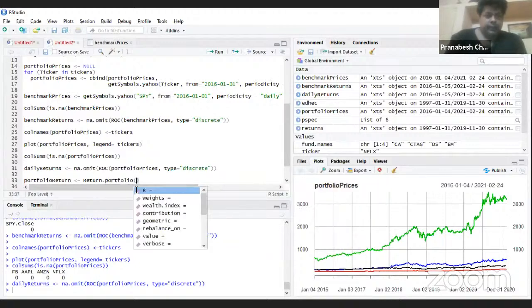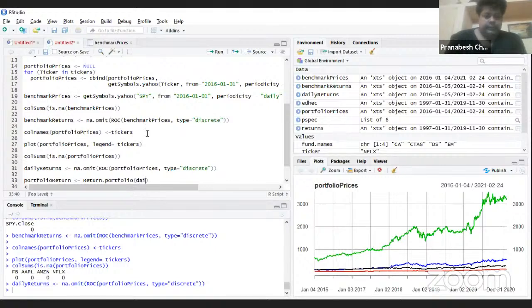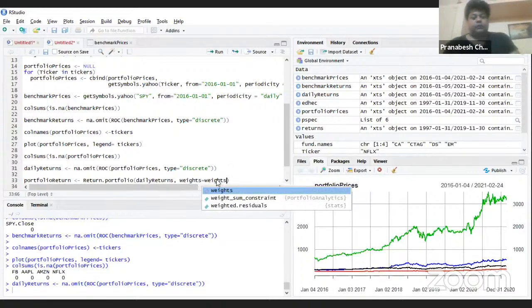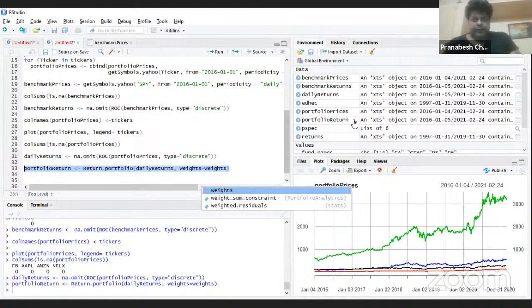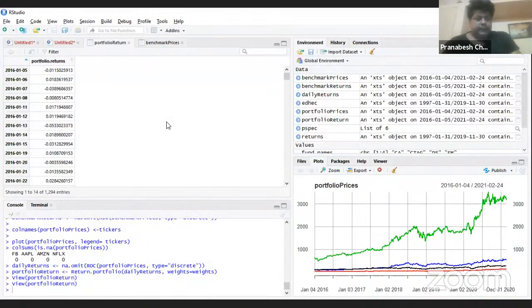Inside it, what we have to give is our daily returns, and weights equals weights. We have already assigned the weights. So I want to see what is going to be my portfolio return. So let's see, we have this portfolio return. You get your portfolio return for each one of the days that you have.